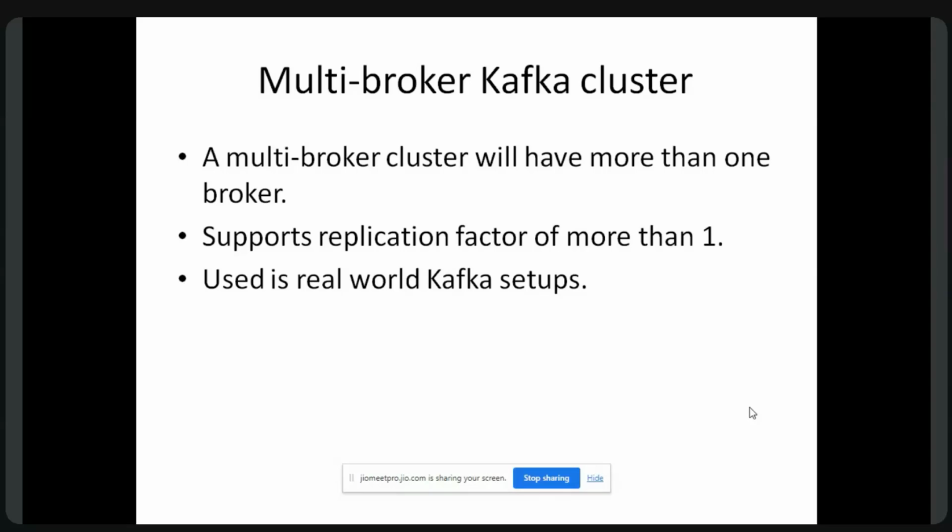So today we are going to talk about multi-broker cluster because that is what is used in real world scenarios. One broker cluster is never used anywhere because it is of no use. It will not provide any kind of replication or fault tolerance.